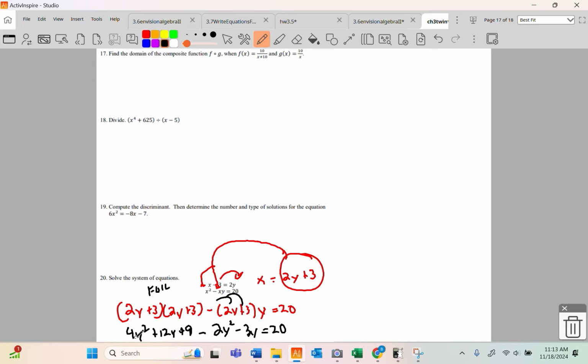Let's clean up. We got 4y squared minus 2y squared, which is 2y squared. We have 12y minus 3y, which is going to be 9y. And then we have plus 9 equal to 20. Shift our 20 back over. 9 minus 20 is negative 11. Oh, I feel like that'll factor.